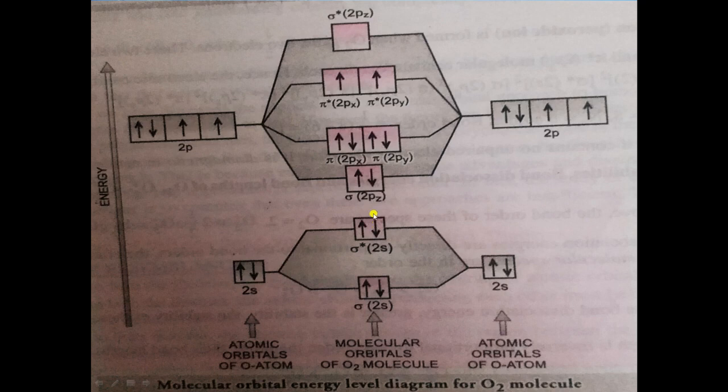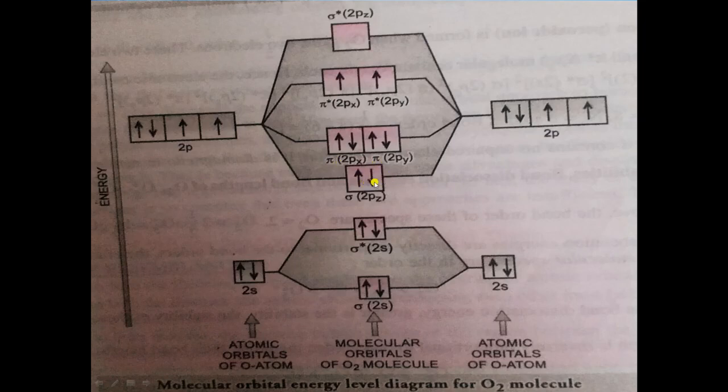But in the case of nitrogen and carbon, there is a smaller energy gap between sigma star 2s and sigma 2pz. As there is a small energy gap, there will be repulsion between these two, and as there is repulsion, energy will increase. That is why the energy of sigma 2pz increases and this orbital comes above pi 2px, pi 2py.